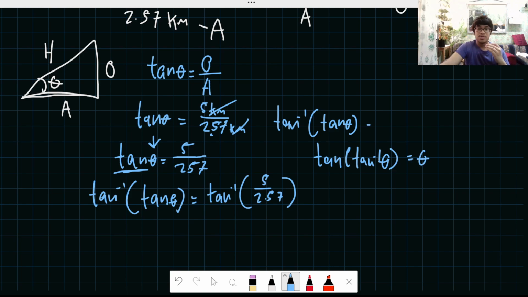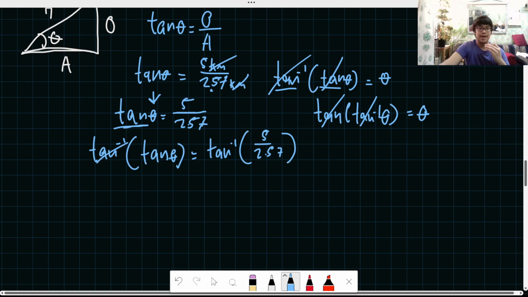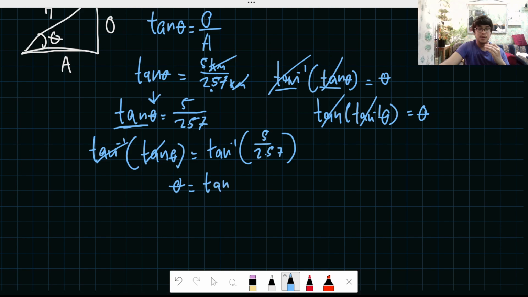Basically, if you have inverse tangent and then tangent, they cancel out and you will have theta. Likewise, tangent and inverse tangent cancel out. What's left is theta. So theta is equal to inverse tangent of 5 all over 2.57.